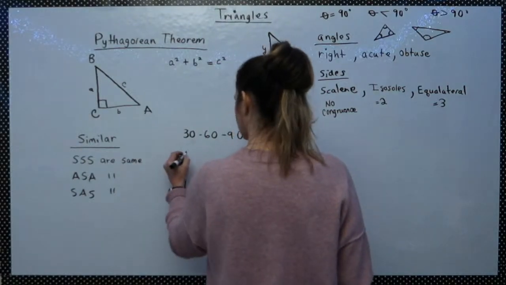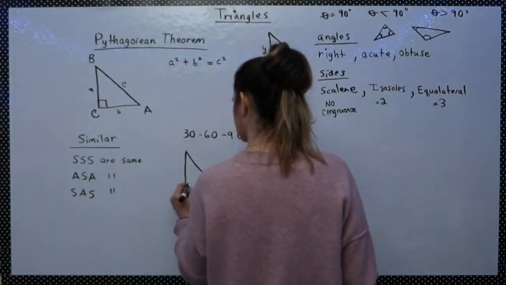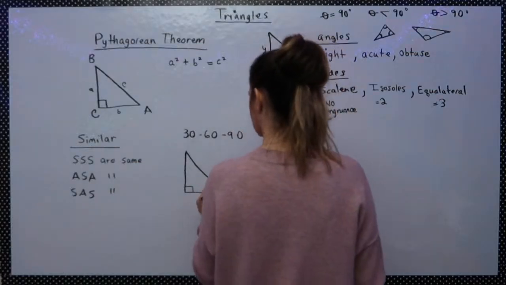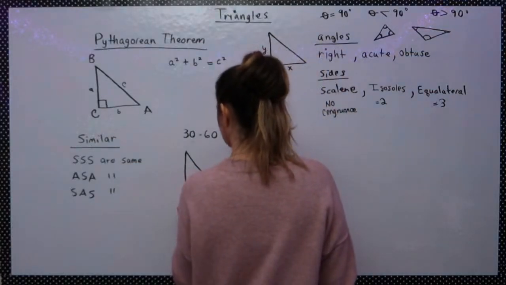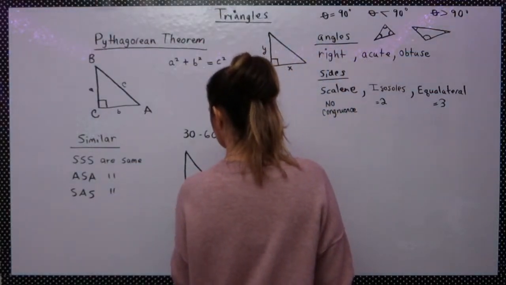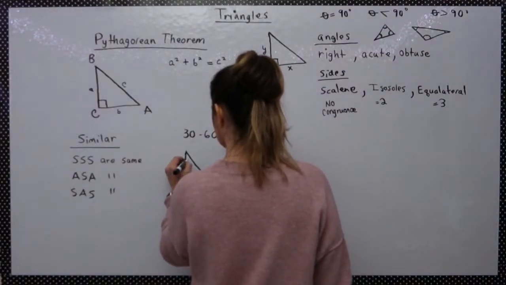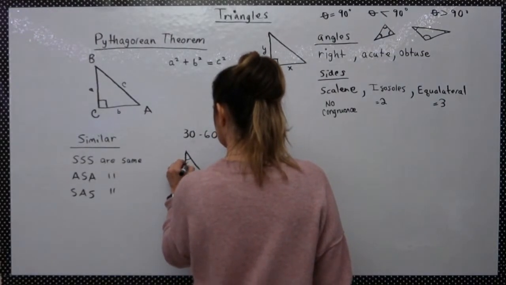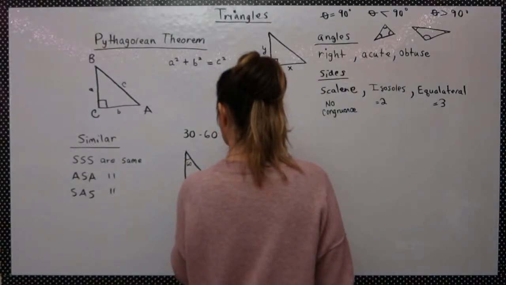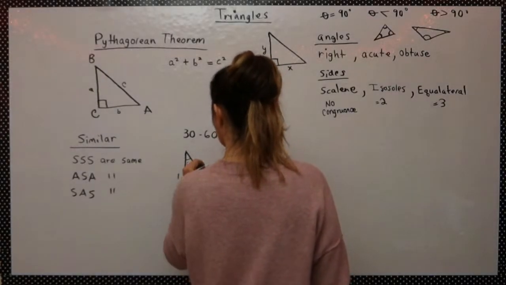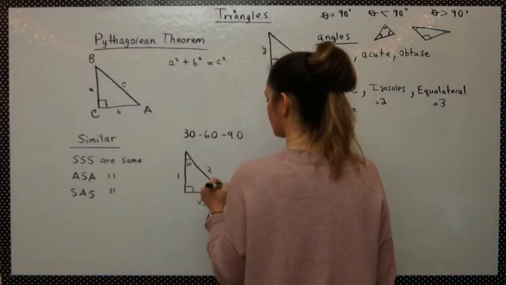So we have the 30, 60, 90. That's a little bit better. And that looks more like a 60. So that's a radical 3 and this is 60. 30 is opposite of 1 and the hypotenuse 2.